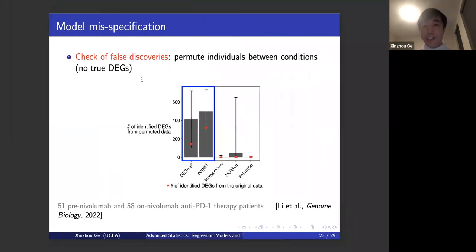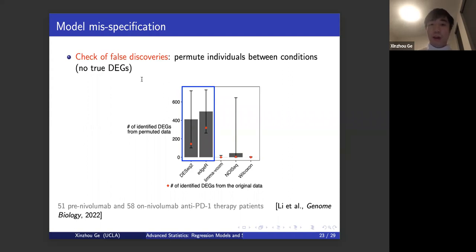So we do this on this dataset, and we want to see if a method is reasonable on the permuted dataset. As from our expectation, that method should not identify any DE genes.